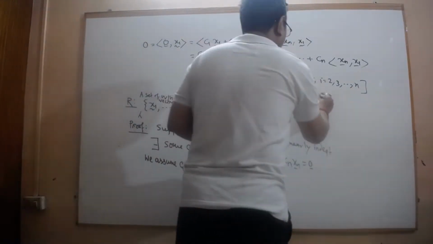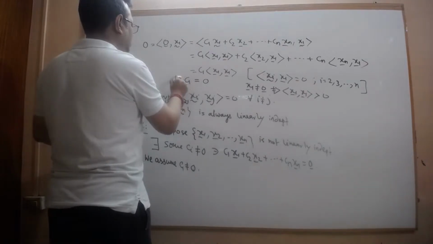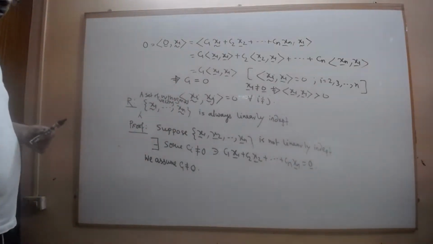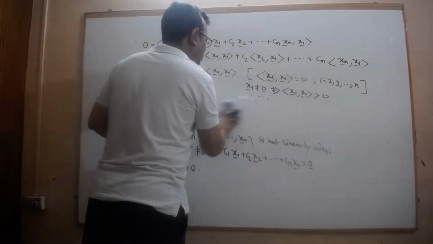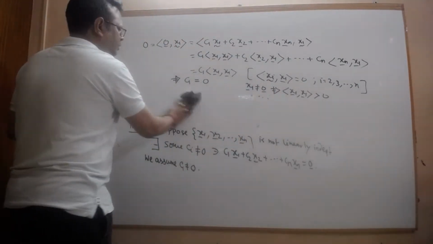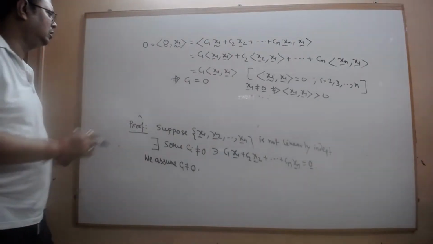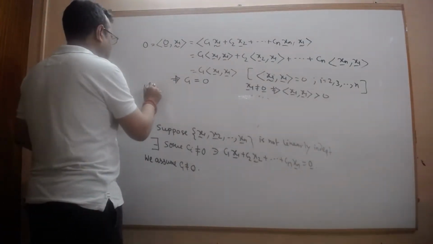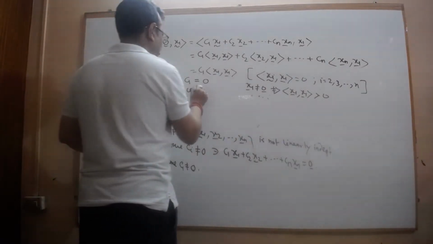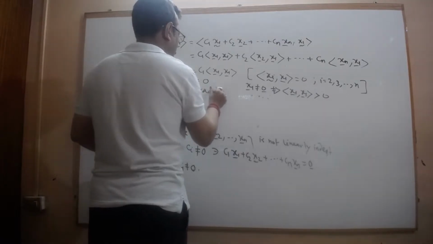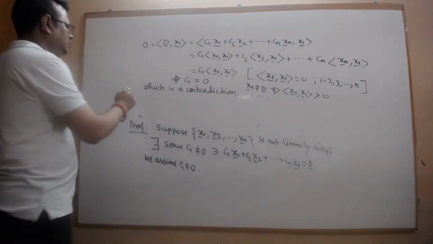So this implies c1 equals 0. Hence, this is a contradiction of our assumption, because we assumed that c1 is not equal to 0. Hence, our assumption is wrong.